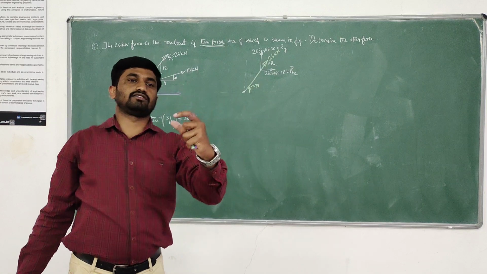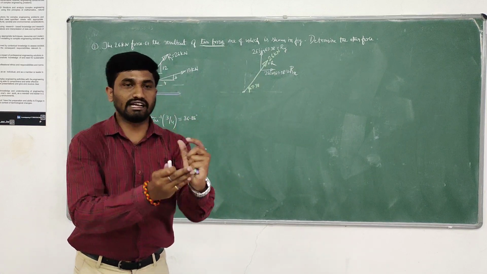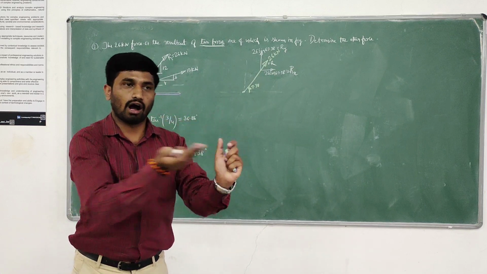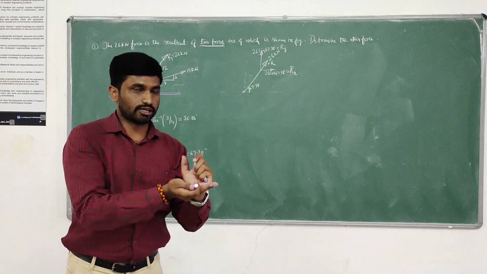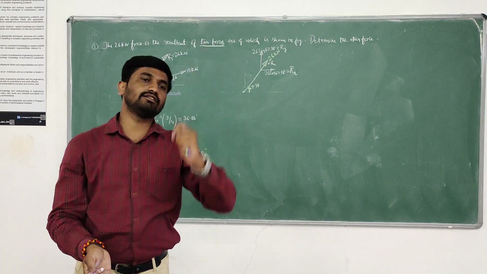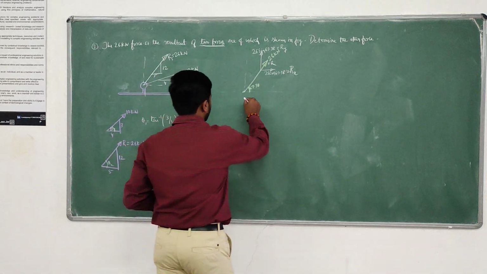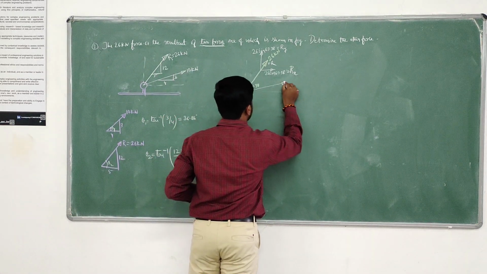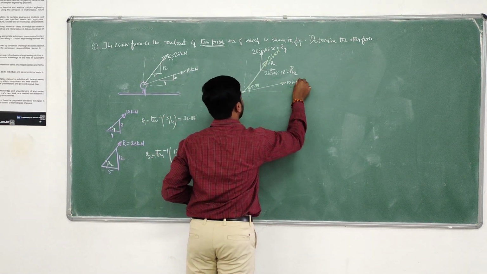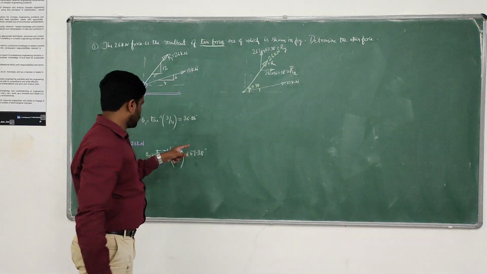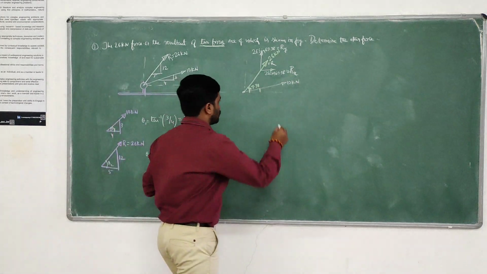When the resultant is given, if you resolve that inclined resultant R, you get Rx and Ry, the resultant in the x direction and the resultant in the y direction. The next thing is one force is known. The one force is 10 kilonewton and the inclination is 36.86.